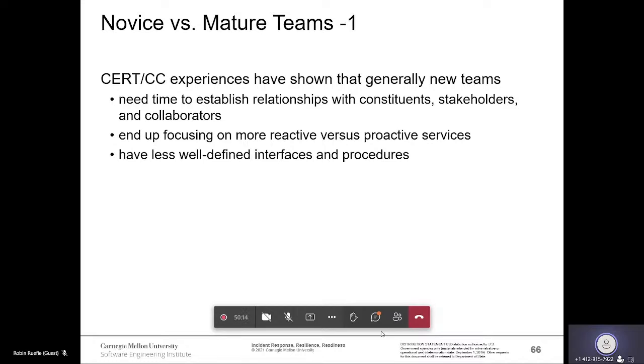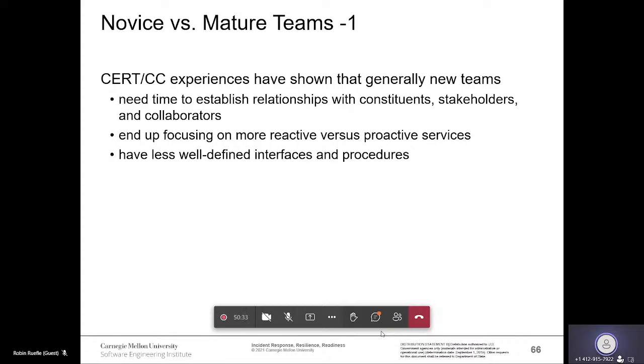They are usually focused more on the reactive side of things rather than the proactive, because they're trying to handle the incidents as they come in, and they don't have as well-defined interfaces. They don't have everything documented that they should, and they don't always have their roles and responsibilities documented.